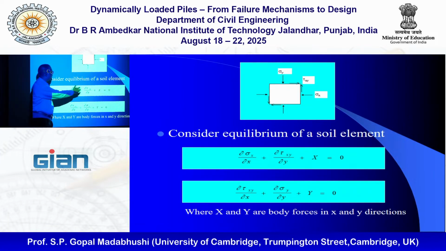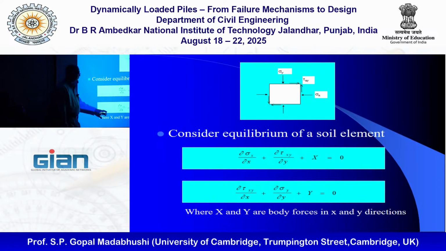If I add all of them, it should be 0. Then I know my element is in equilibrium horizontally. Similarly, in the vertical direction, partial tau xy by partial x plus partial sigma y by partial y plus Y equals 0. So big X and big Y are the body forces in the X and Y directions. Normally we have Y, but we don't have any X. Only during an earthquake will you get X, because of the inertial forces.